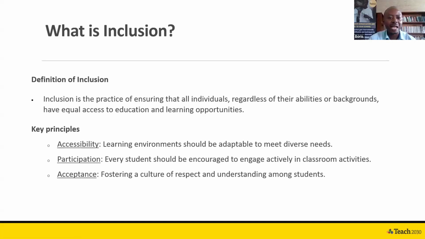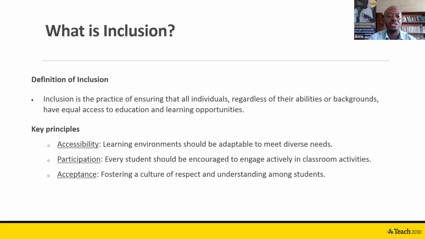Is your school accessible? The second one is participation, and this is where the classroom comes in, where you have in your classroom learners of different abilities, different capabilities. You could equally have special need learners in your classroom, but do they all have equal opportunity to learn?